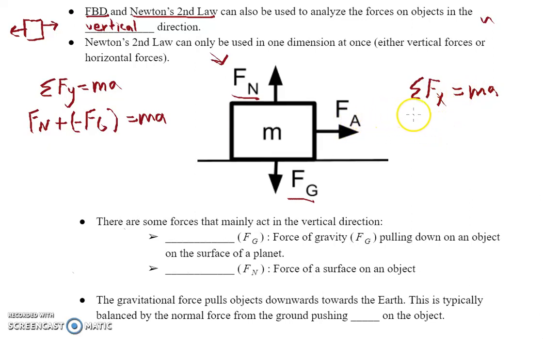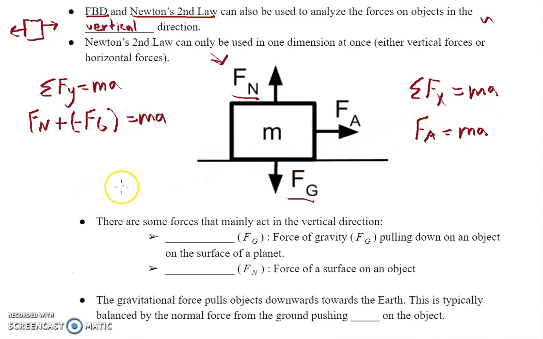So in this free body diagram, the net force in the x direction is really just Fa, and that's going to be equal to mass times acceleration. So just keep that in mind. You add the forces the same in either set of directions, but just make sure you're only looking at the vertical or the horizontal. You're not mixing the two.